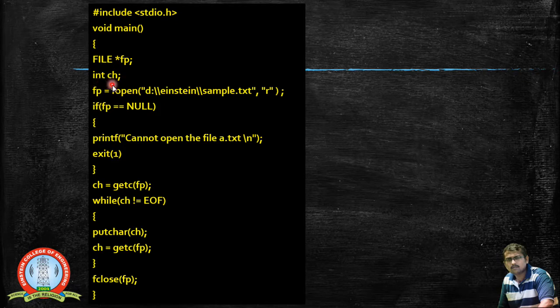Using the fopen function, I pass the path of the file and specify the mode as read mode, R, since I am going to read the file. The file name is sample.txt, and it will be opened for the read operation.